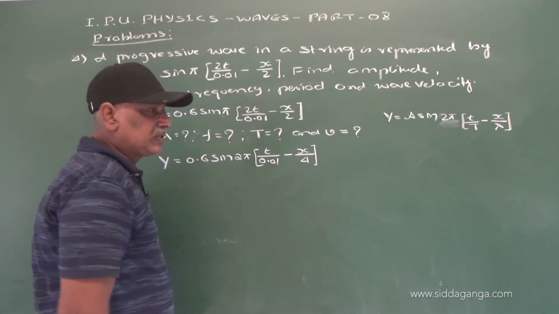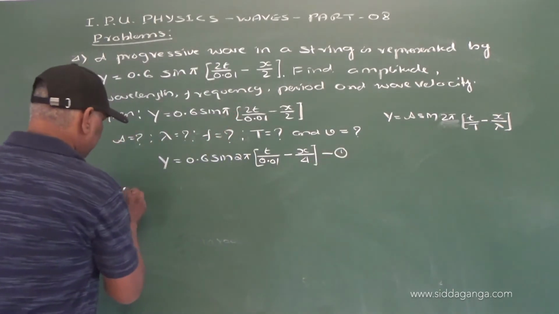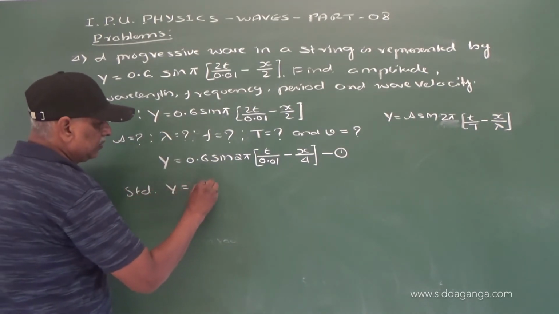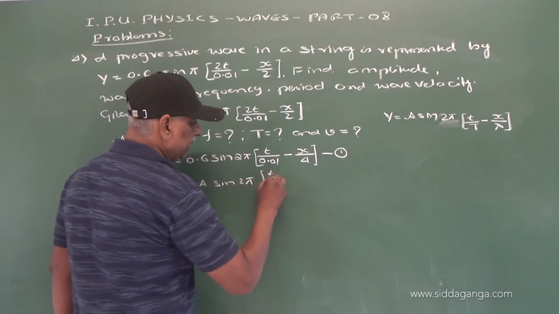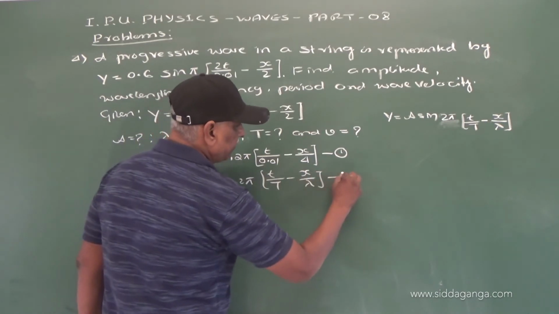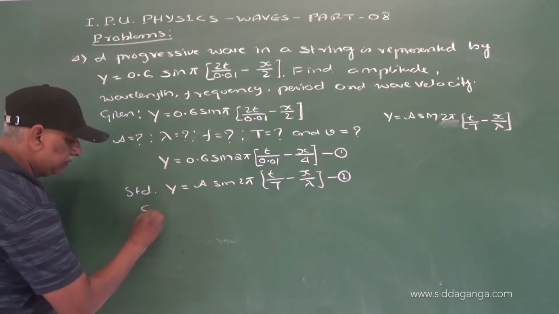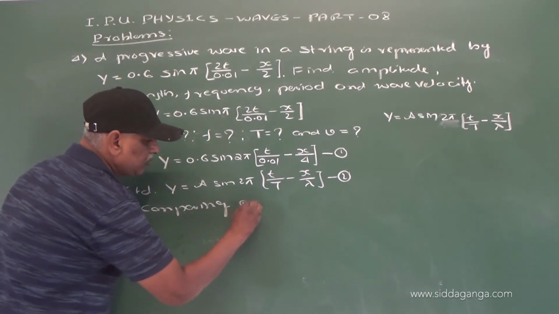Now this is equation 1. Now we have the standard equation y is equal to a sin 2 pi into t by T minus x by lambda, equation 2. Now comparing equations 1 and 2.